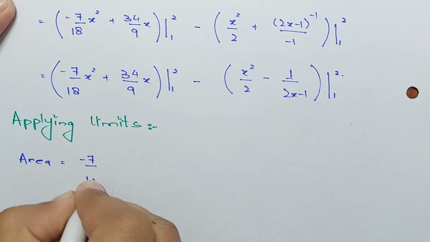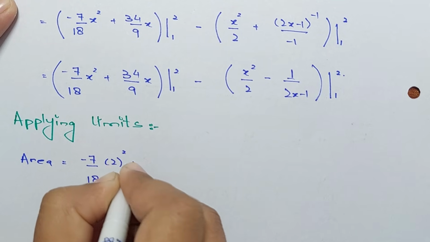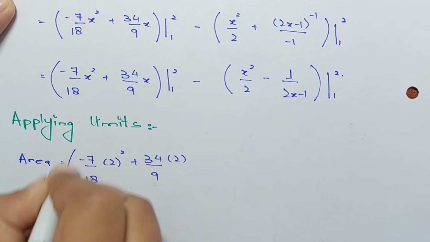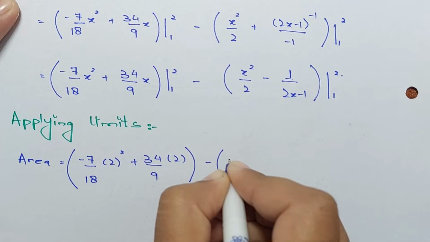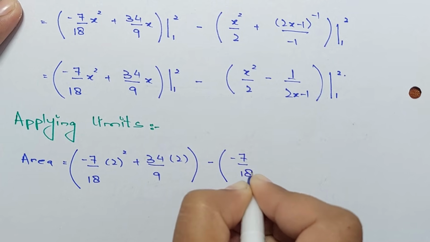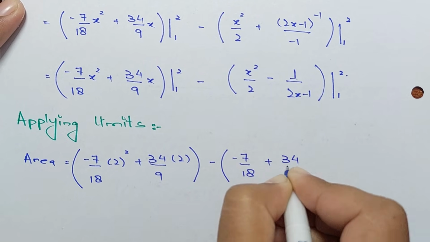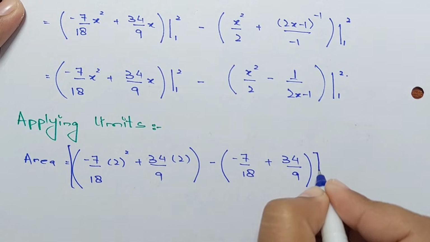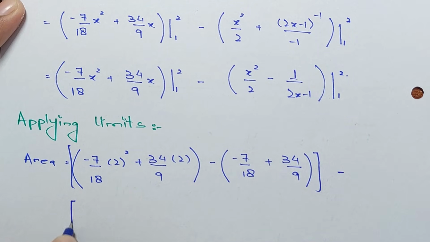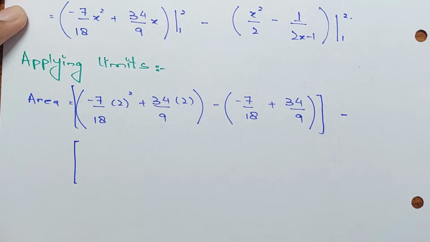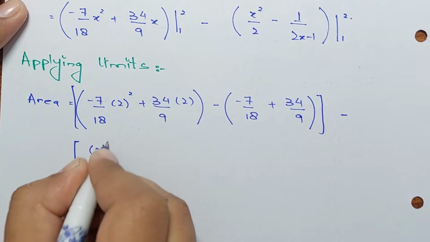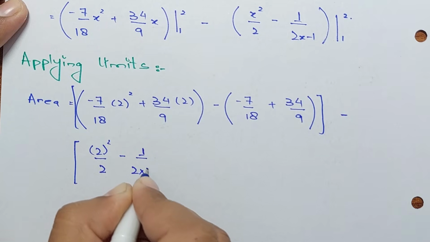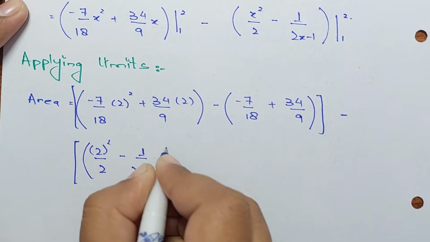Minus 7 over 18, 2 square, plus 34 over 9, 2. Upper limit, subtract the lower limit, which is minus 7 over 18 plus 34 over 9, because it is just 1, right? This is for the first function. Subtract for the second function: upper limit is 2, so 2 square divided by 2 minus 1 over (2 times 2 minus 1). This is the upper limit.